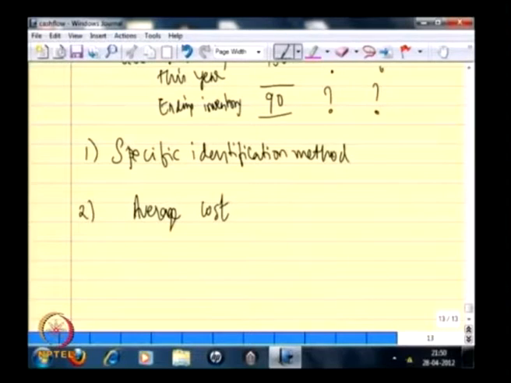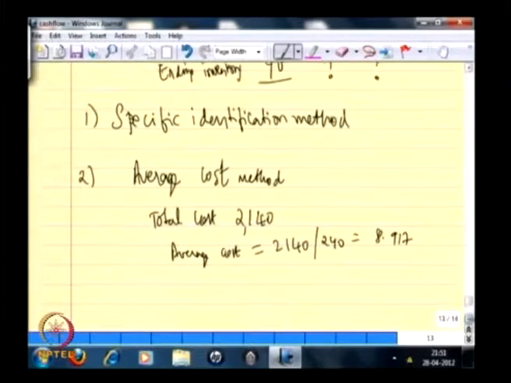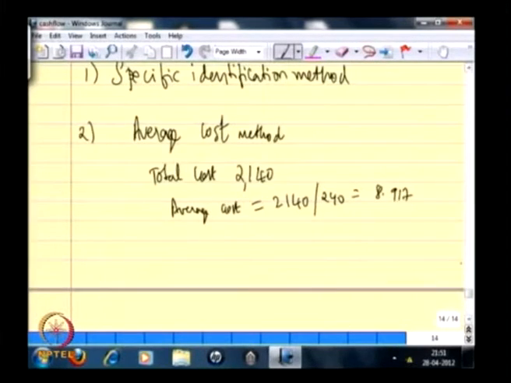Now, the average cost method: you know that the total cost is 2140. So, the average cost per unit is 2140 divided by 240, which is 8.917.